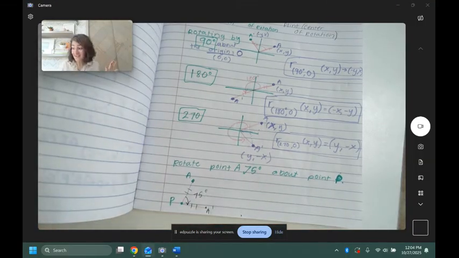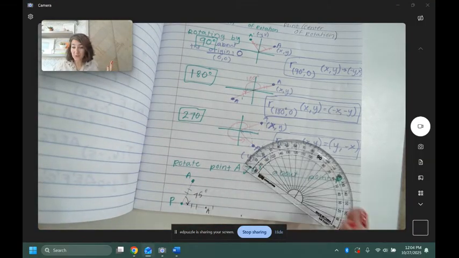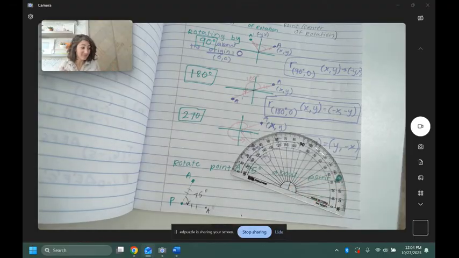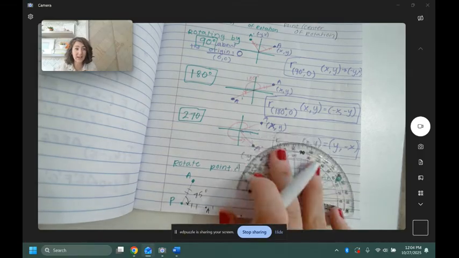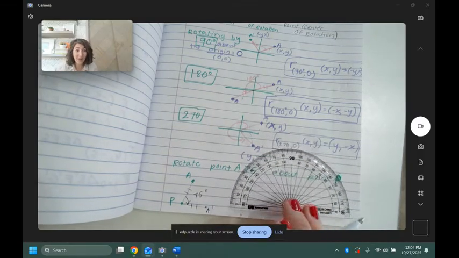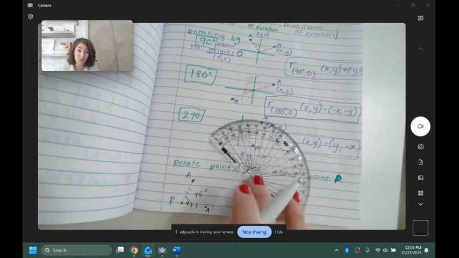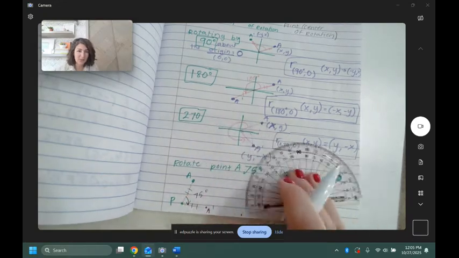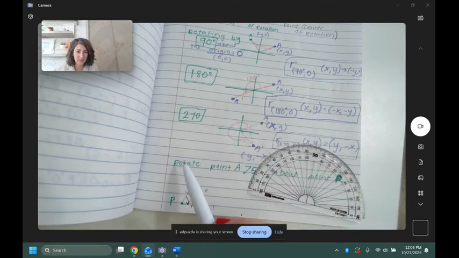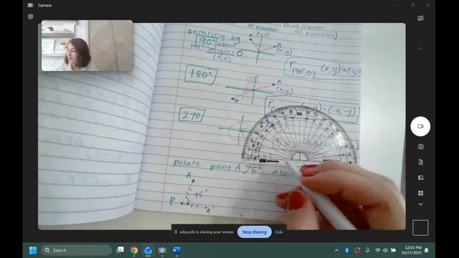Now, I recognize that not everybody has a protractor, so when I'm asking you questions about a certain angle measure online, it'll have a pop-up protractor to use. But you don't need to use one in your notebook. Just give it a good estimate.